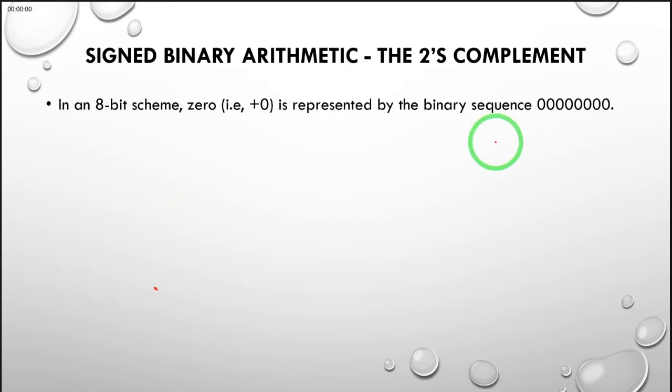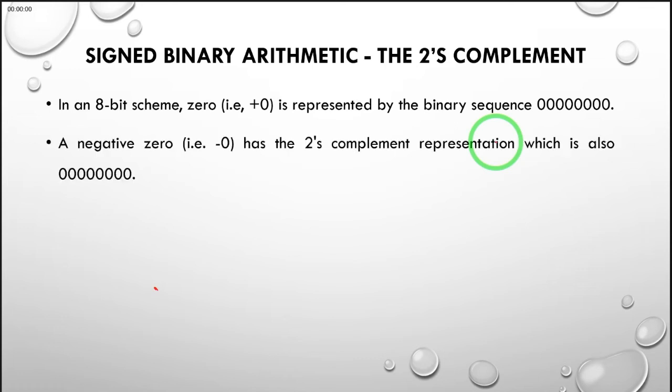Again, in summary, we say that in an 8-bit scheme, 0 is represented by a binary sequence of zeros, as we can see. And if we were to do a -0, we would still obtain the same, because whichever method we are following, if you are to change this to 1's complement, it will become all 1s.